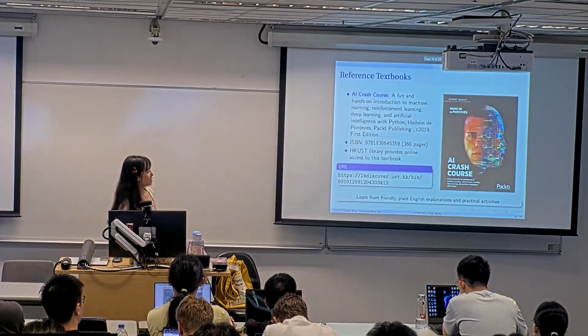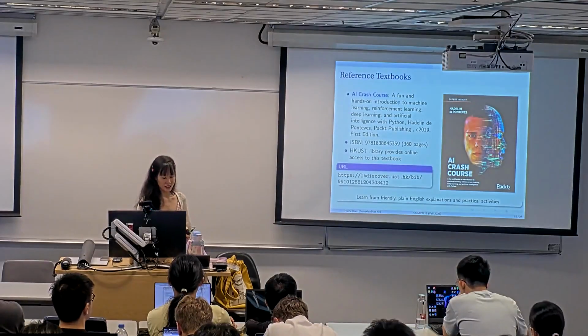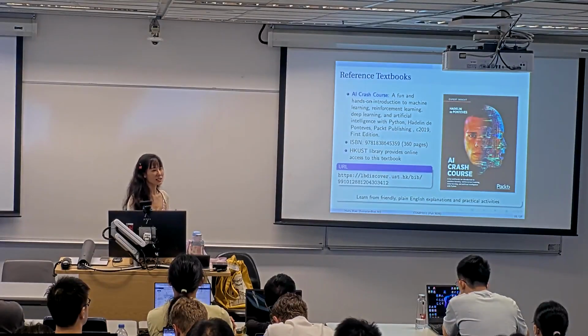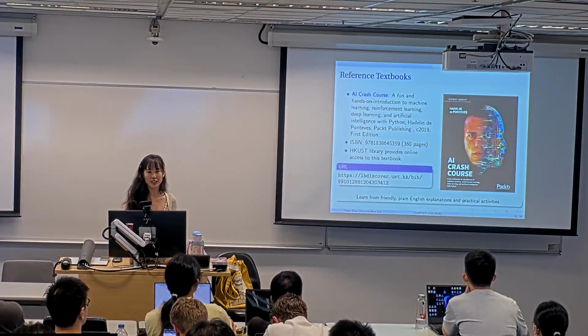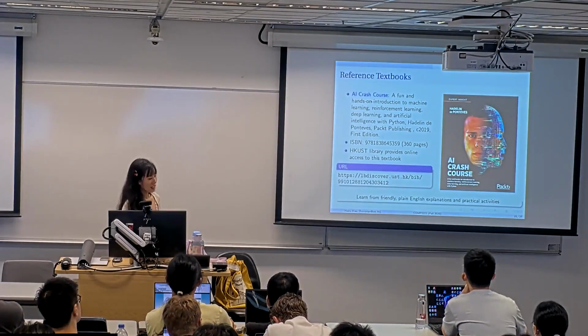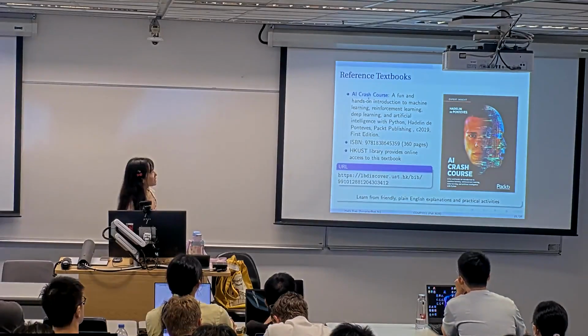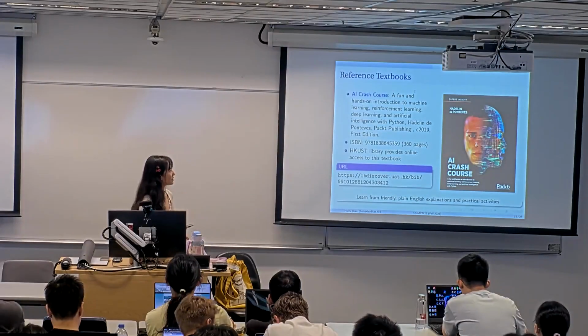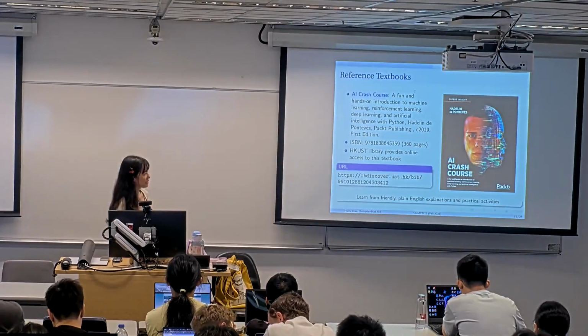And for the reference books, we introduced several reference books, but that doesn't mean you have to finish reading all of them. The first one is AI Crash Course. So it's a fun and hands-on introduction to machine learning, reinforcement learning, and deep learning, and AI with Python.